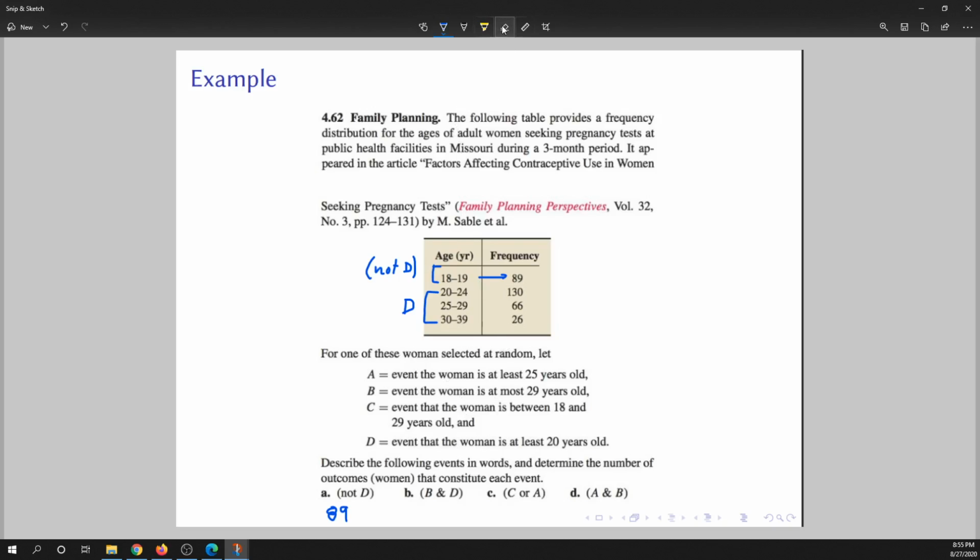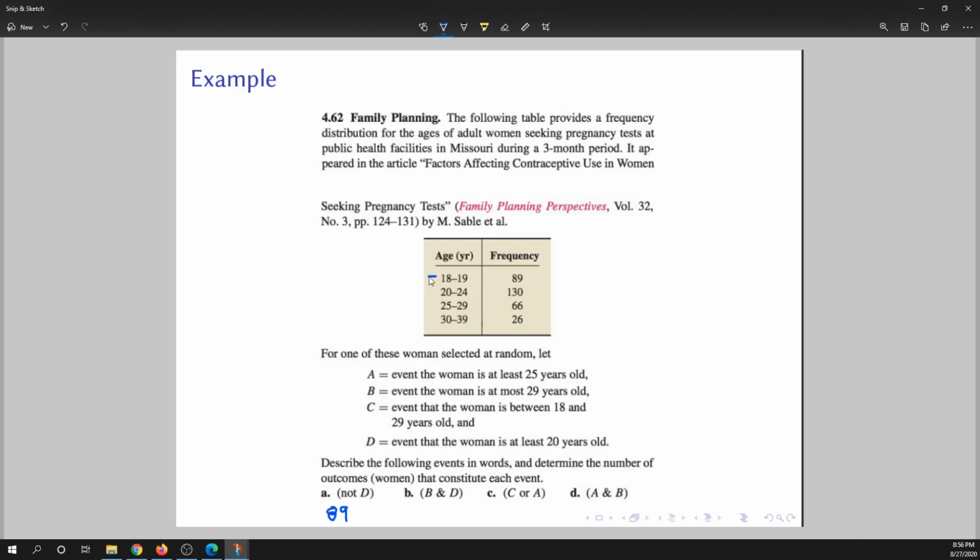All right. In part B, they want us to calculate the event B and D. Okay, so let's do that. B is the event that the woman is at most 29. So 29 is the oldest they could be, right? So that would be 29 and everybody younger.